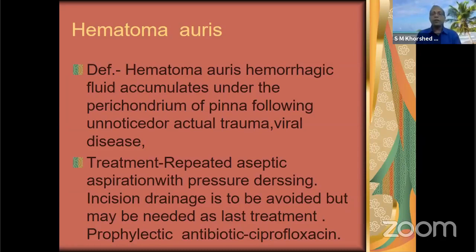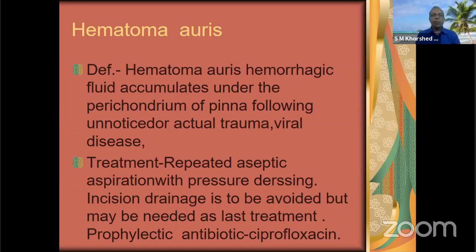If not treated properly, this fluid is a sterile fluid. Hemorrhagic fluid, it is sterile. It is not due to any bacterial infection. This may be due to viral disease or due to trauma. Diagnosis is very simple. When you see a swelling of very recent origin, 2, 3, 4 days, the diagnosis is very simple.